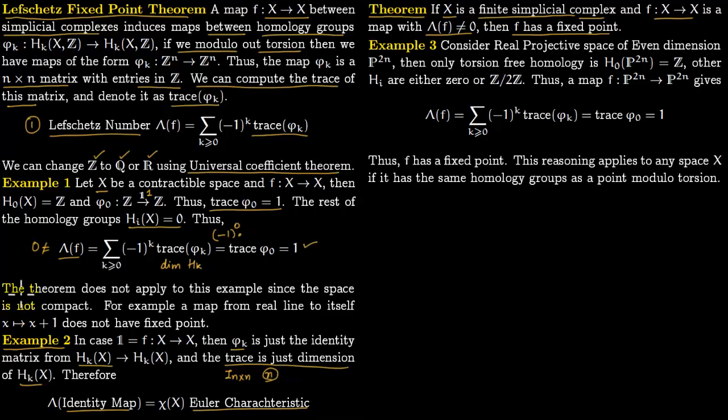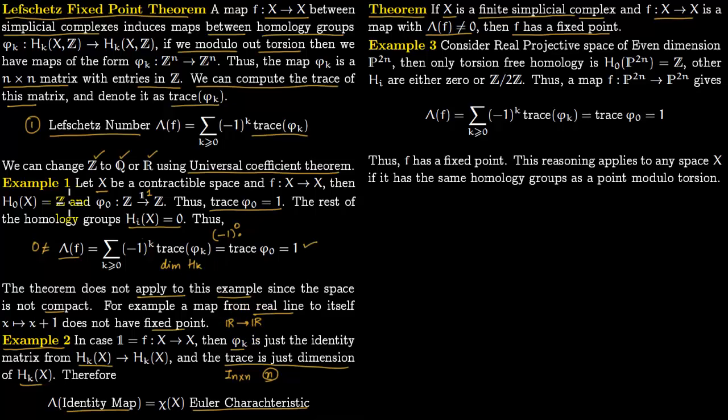But this theorem here does not apply to just a contractible space, because sometimes the space might not be compact. For example, you can have a map from the real line to itself, say x maps to x plus 1. This will not have any fixed point. So this is a map from reals to reals.